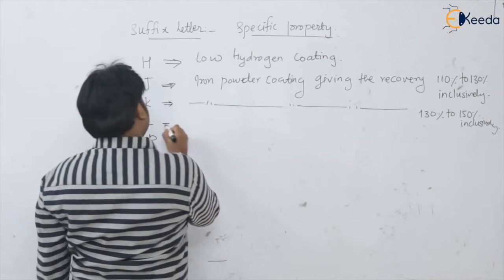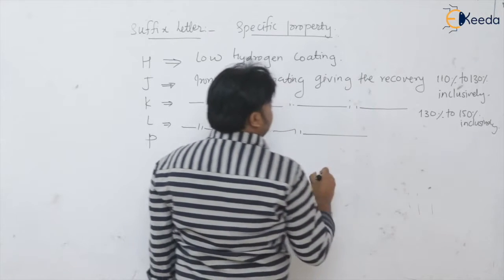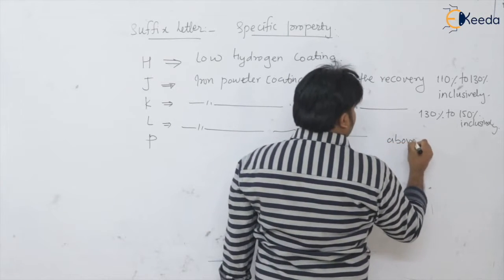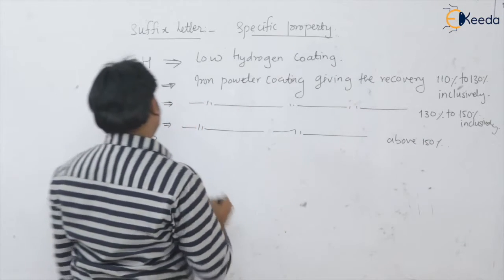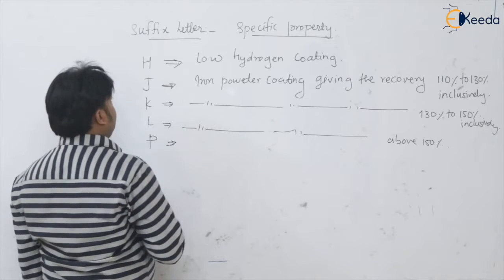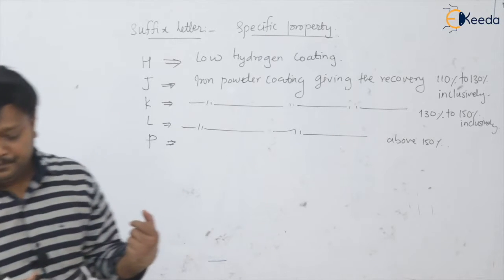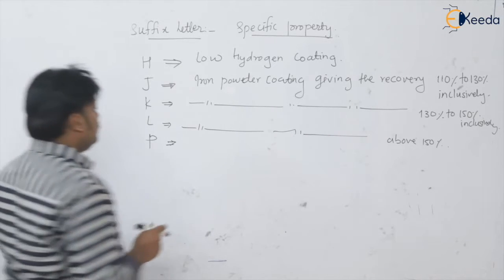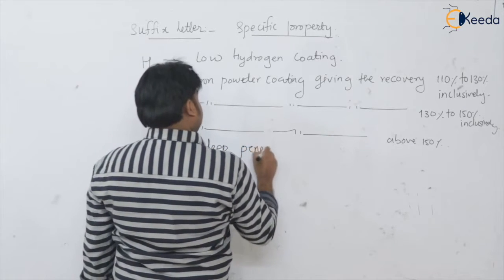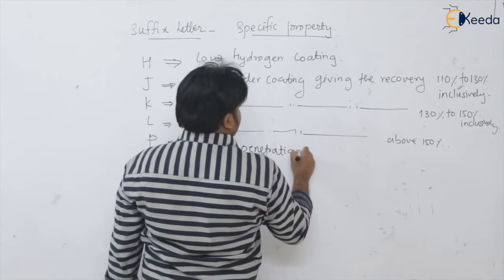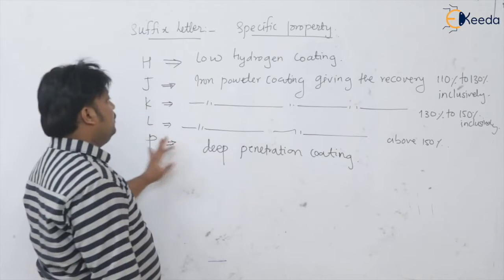Then L is again iron powder coating, giving a recovery above 150%. And P stands for deep penetration coating. Just for information, I am giving all these things.